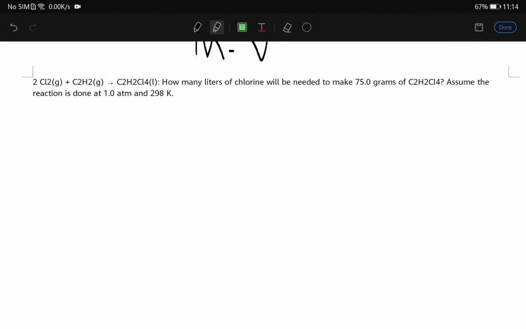I assume the equation is already balanced. Yes, it's balanced. What you want to do first is convert the grams of tetrachloroethane into its moles. Into its moles.